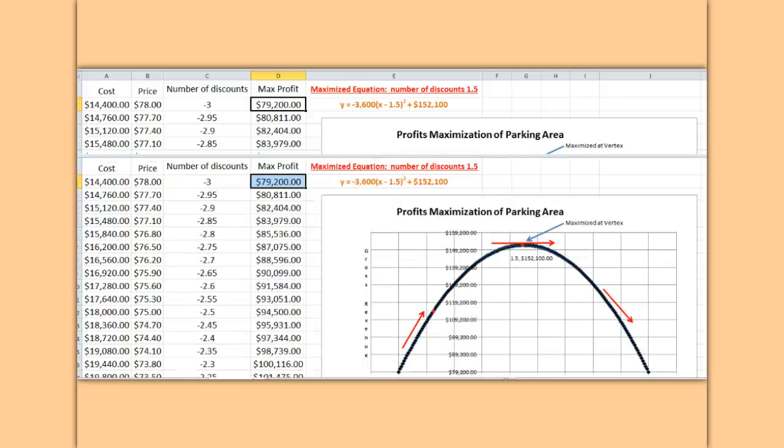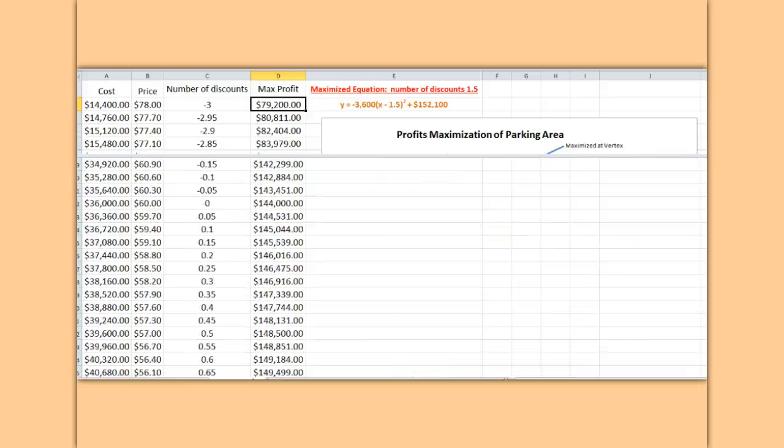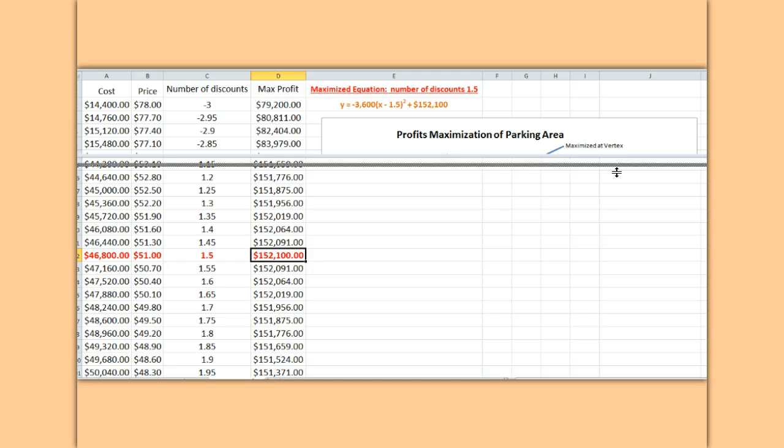Now, when x is 1.5, there's your cost, $46,800. Your price is $51. x is 1.5, and your profit is maximized at 152,100.